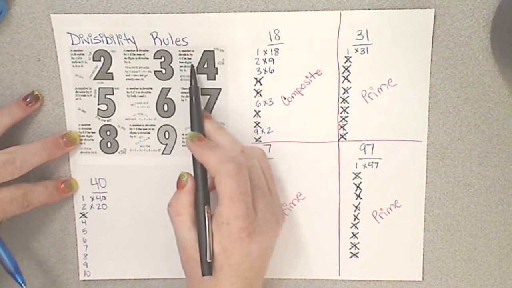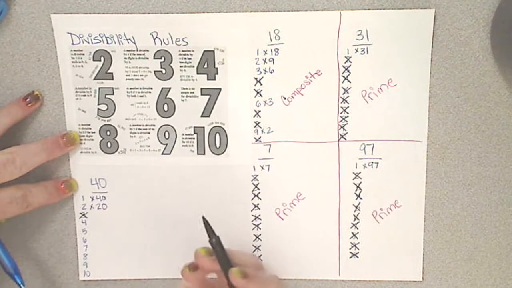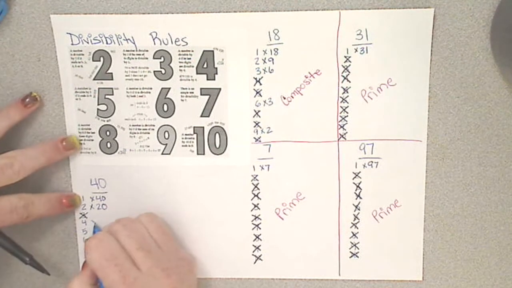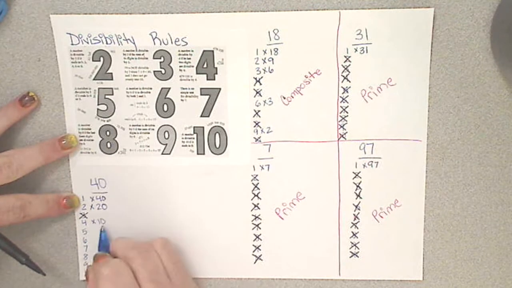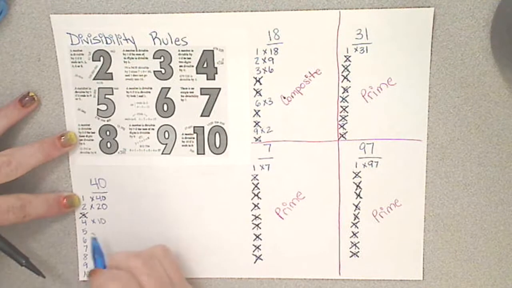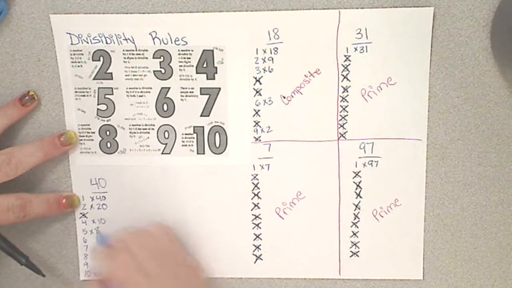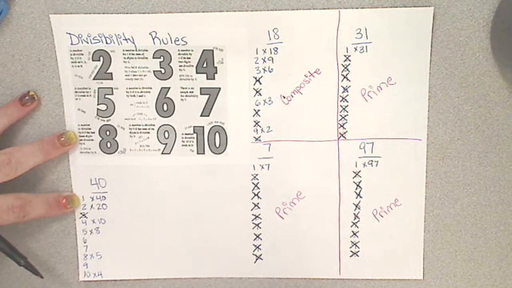A number is divisible by 4 if its last 2 digits are divisible by 4. Well, we already know that 40 is divisible by 4 because 4 times 10, and we can even go down here, if we know that 4 times 10 equals 40, then we can say 10 times 4 equals 40. Make that easy on ourselves. If we know our multiplication facts, we know that 5 times 8, so we can fill in 8 times 5.